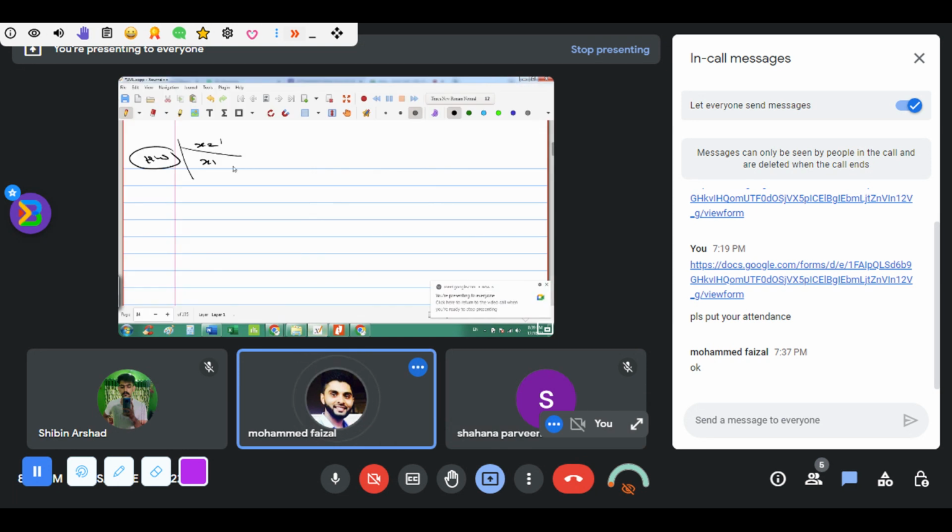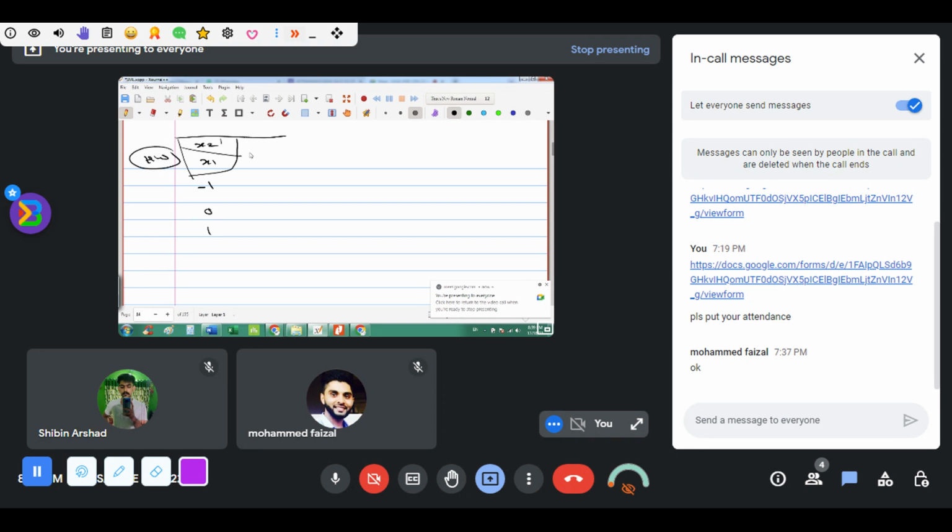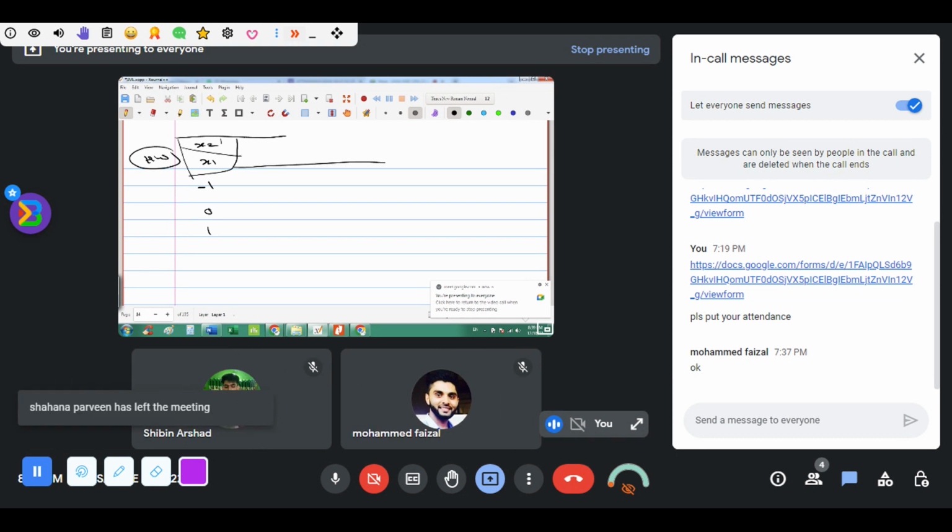Row wise x1 takes values minus 1, 0, 1, and column wise x2 takes values 0 and 1.